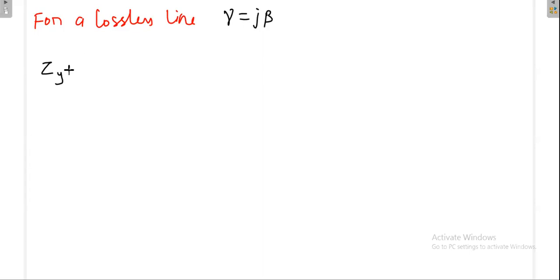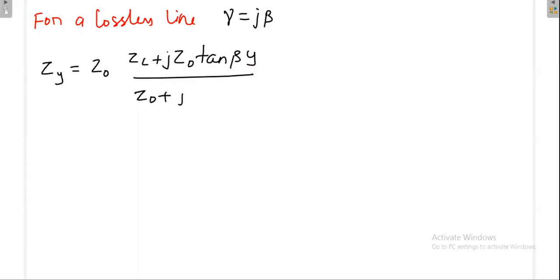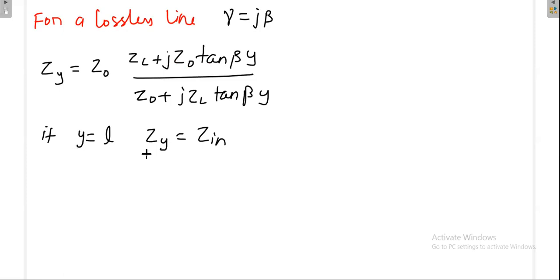So Zy is equal to Z naught times (ZL plus j Z naught tan beta y) divided by (Z naught plus j ZL tan beta y). If y is equal to L, then definitely your Zy is the input impedance, because whenever y is equal to L, you are at the source.